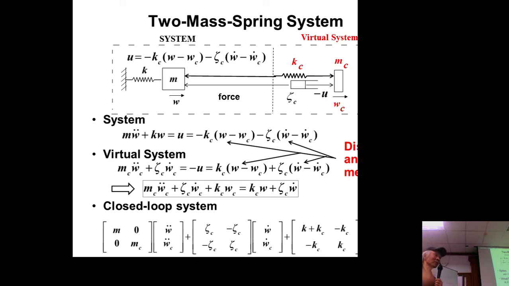It's not from measurement. It's not a physical quantity. All the quantities with subscript c are not physical quantities. They are virtual, imaginary. But all the W without c are physical quantities. If you need that quantity to compute your input U, then you need the measurement.